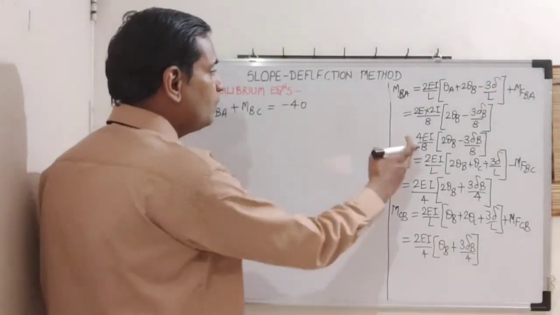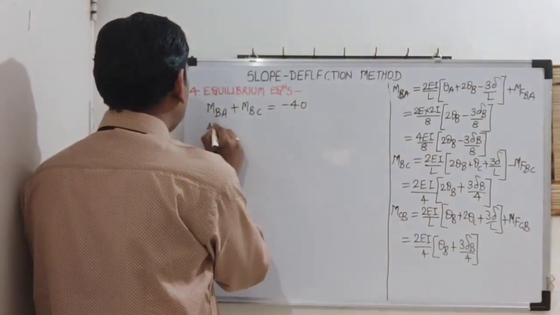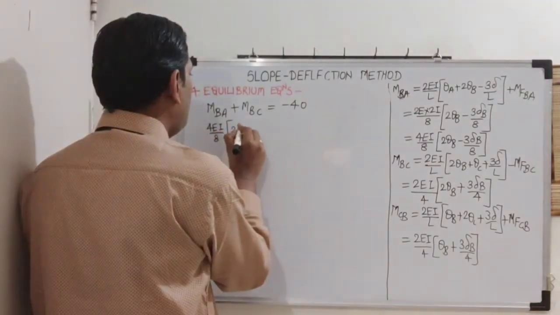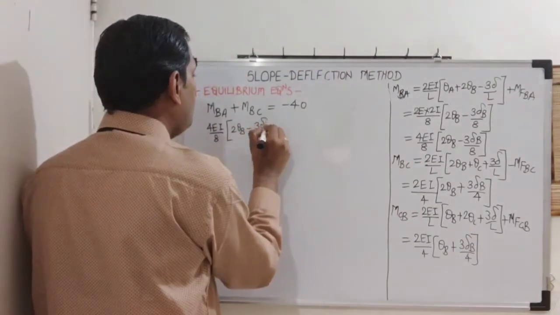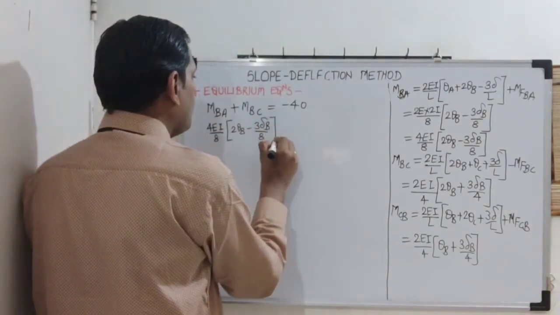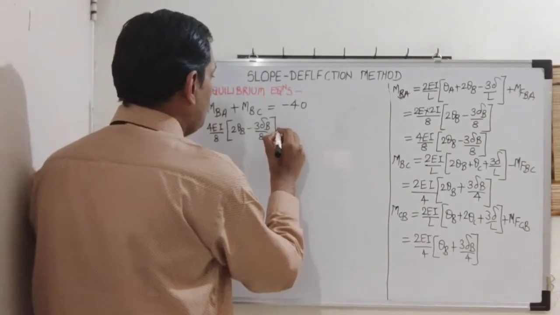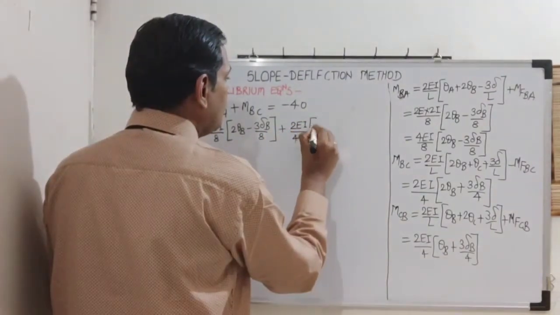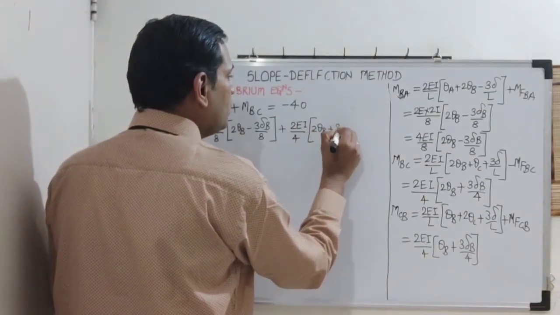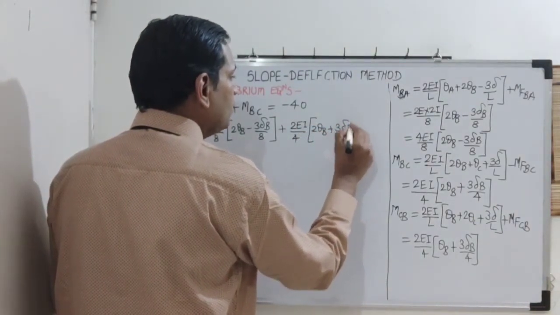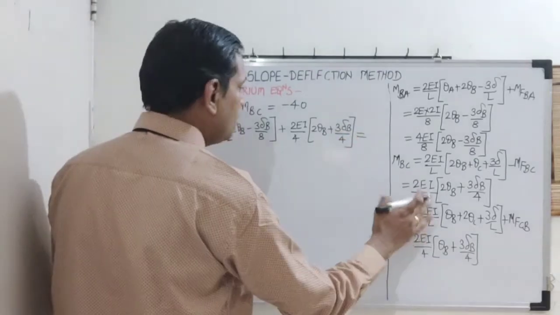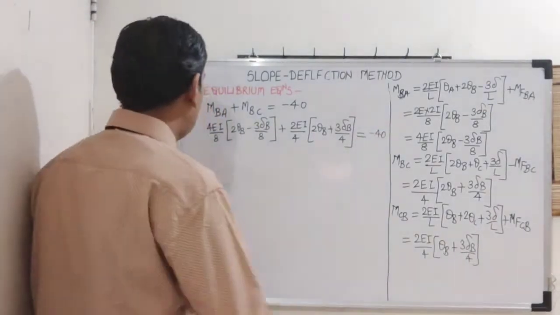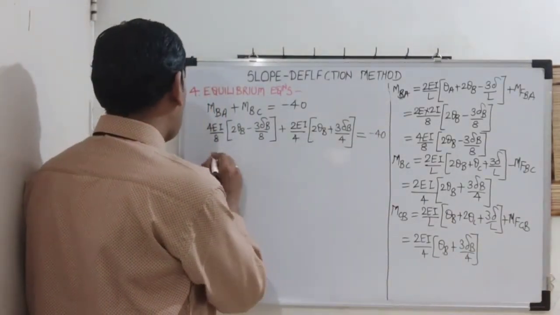What is MBA? 4EI by 8 into bracket 2 theta B minus 3 delta B upon 8. MBC, see here, 2EI by 4 into bracket 2 theta B plus 3 delta B upon 4. So MBA plus MBC is equal to minus 40. Let us simplify this. Take 4EI by 8 common.